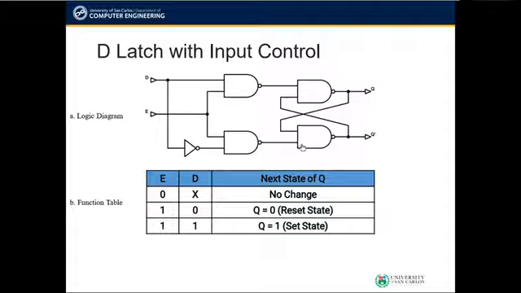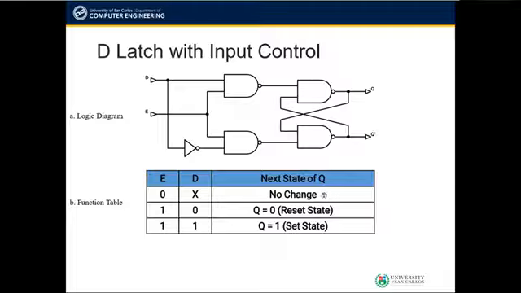Here we have a variation for the circuit implementation of a D latch with control input. The control input is specified by this additional input E. What it does is simply enable or disable the circuit. It can be seen in this function table that when E is 0, the circuit is disabled. So regardless of the present value of the input D, the next value of Q, or its next state, will remain the same with respect to its present value or state.